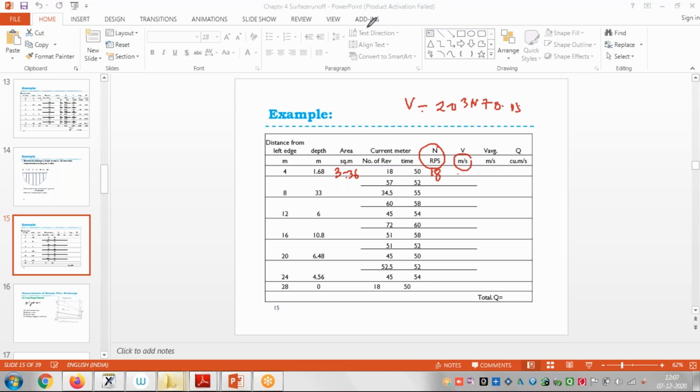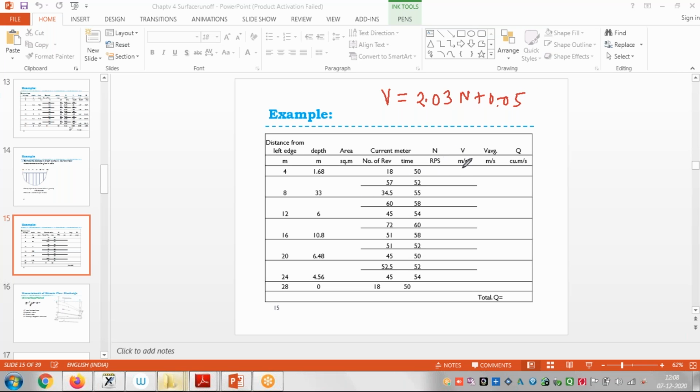Use this formula here. V is equal to 2.03 into n plus 0.05.